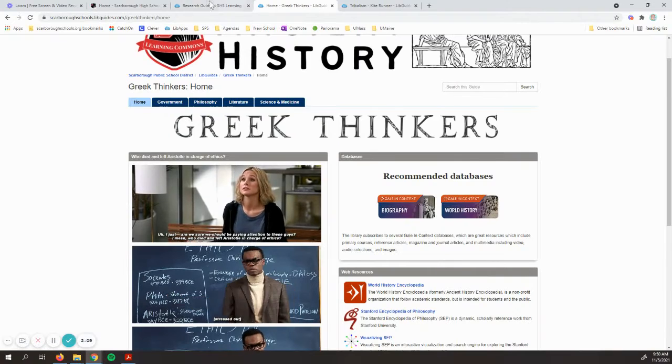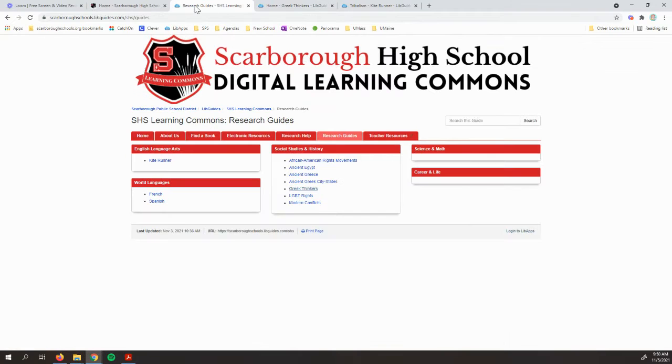Now, both of these examples are for very specific research projects, but that doesn't always have to be the case. A colleague and I also worked on a series of guides related to American social movements. So there's a guide here under social studies about African American rights movements, another one about LGBT rights. Those are more general subject guides.